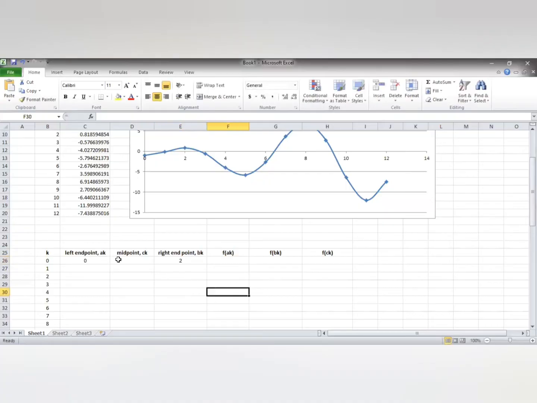Since the midpoint ck is equal to the sum of the left endpoint and the right endpoint, you have to divide it by 2. So I have now my midpoint.